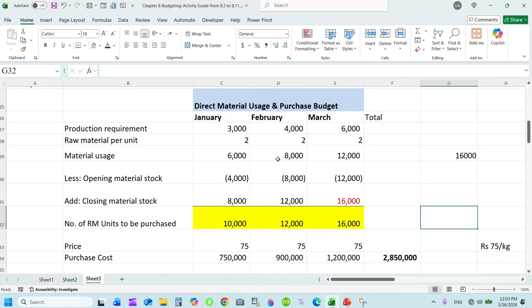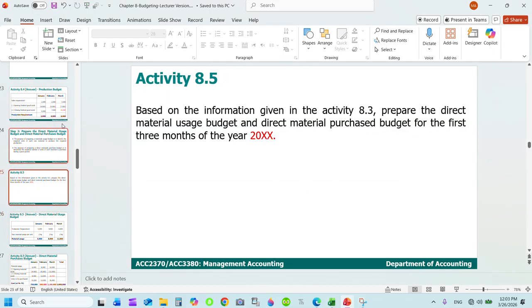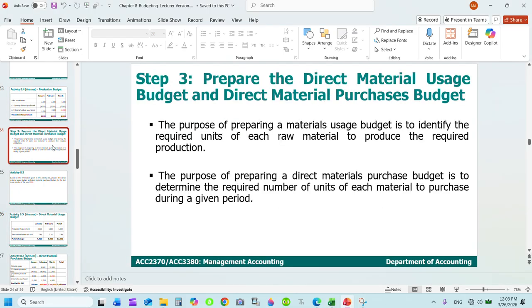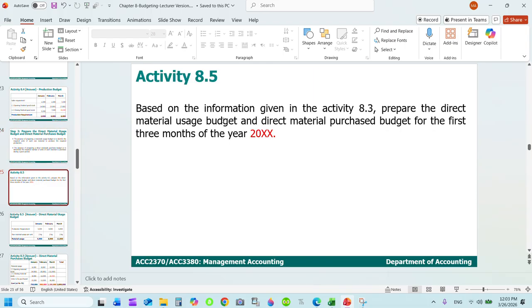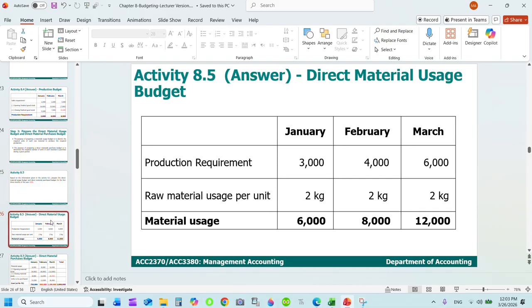So these are my material usage budget and material purchase budget. Next, material usage. Prepare the material usage budget and purchase budget based on the information given in 8.2. Right, that's what we prepared.